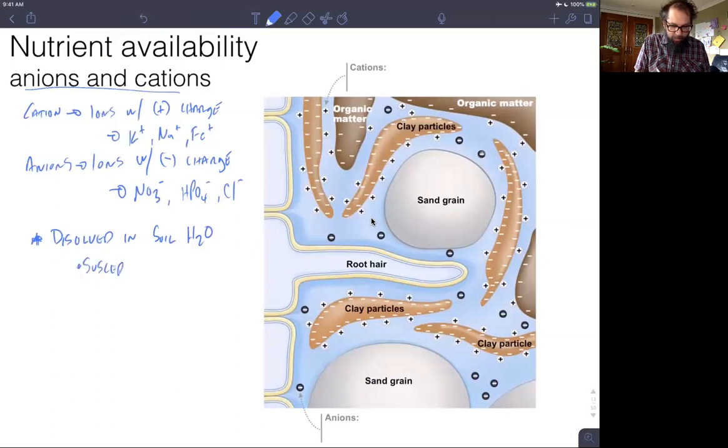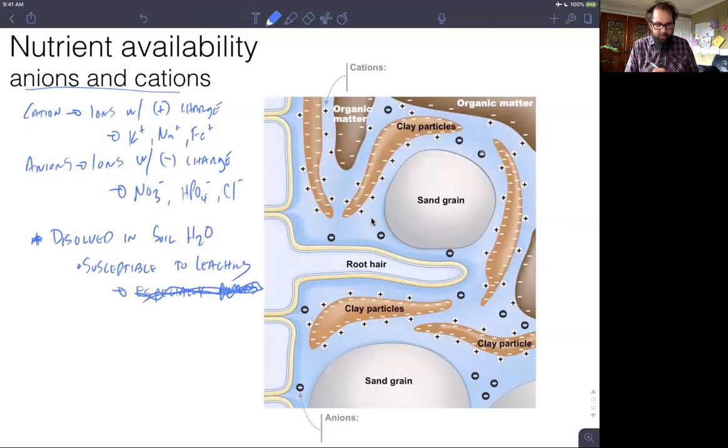I'll tell you what that is. This is true of both cations and anions that are dissolved in that soil water.